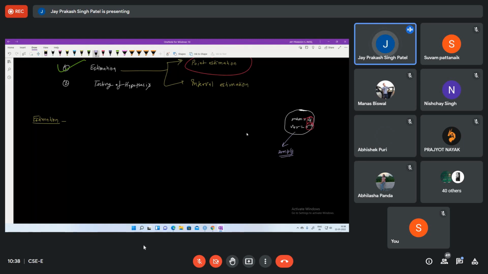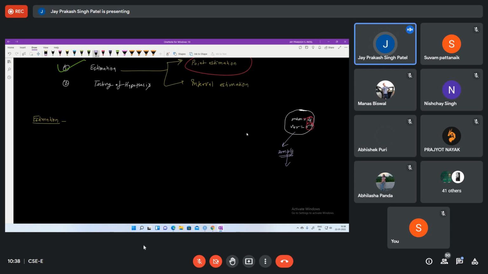That is possible only when we draw a sample from the population, and using the sample observations we can have some idea about the mean and variance. If we use the sample observations to find a single value which will estimate the mean, it is called point estimator.